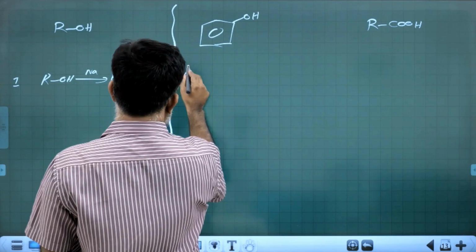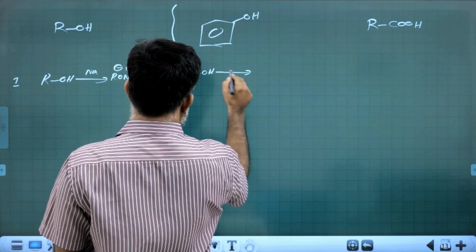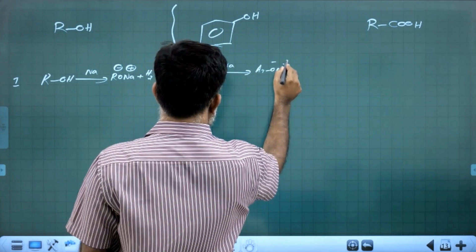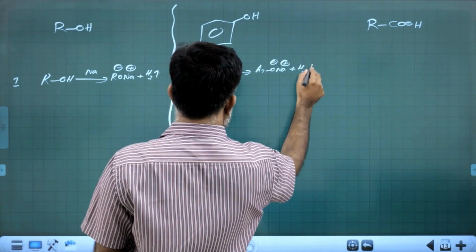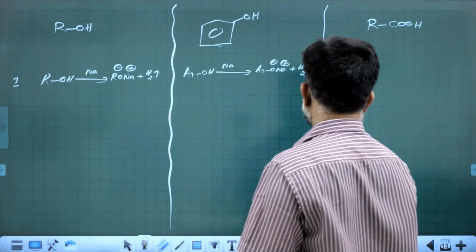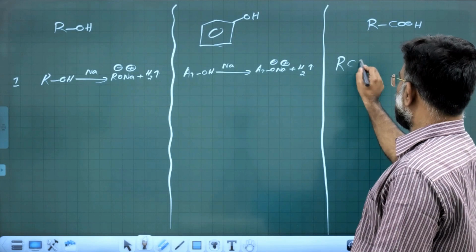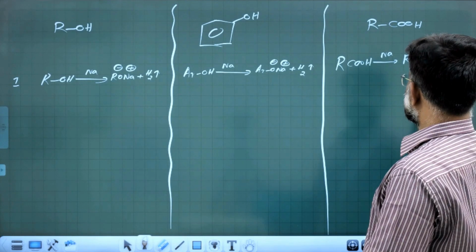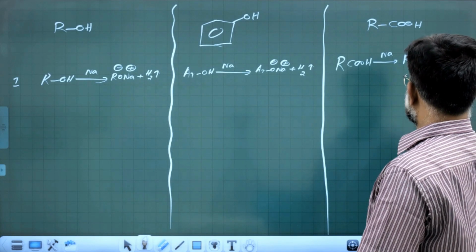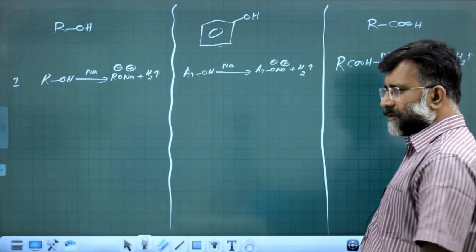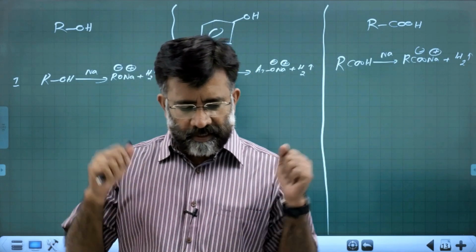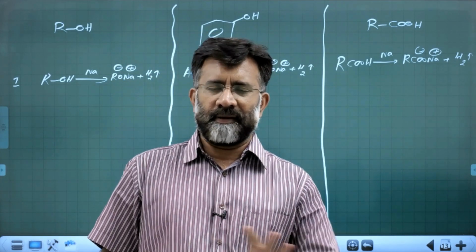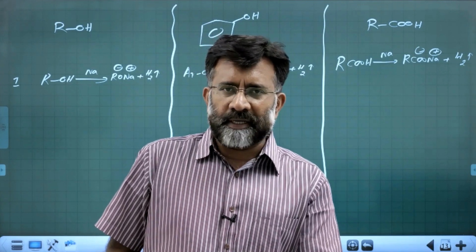A similar reaction occurs with phenol: treated with metallic sodium, you get sodium phenoxide, liberating hydrogen gas. And carboxylic acid, RCOOH, with metallic sodium gives RCOONa, liberating hydrogen. So with an active metal, alcohol, phenol and carboxylic acid behave in almost a similar way, liberating hydrogen gas.